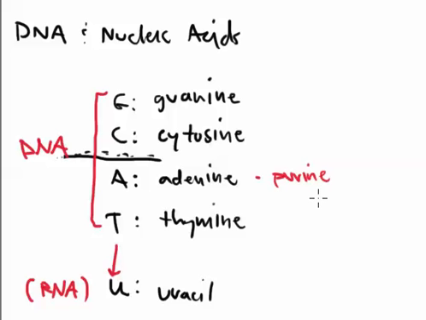We'll take a look at the structure in a minute. If I look at guanine, guanine is also a purine. And this purine, I add an NH2 to, but I also add a C double bond O to it as well. And this makes guanine, which is a purine, and that is a base that goes in DNA.